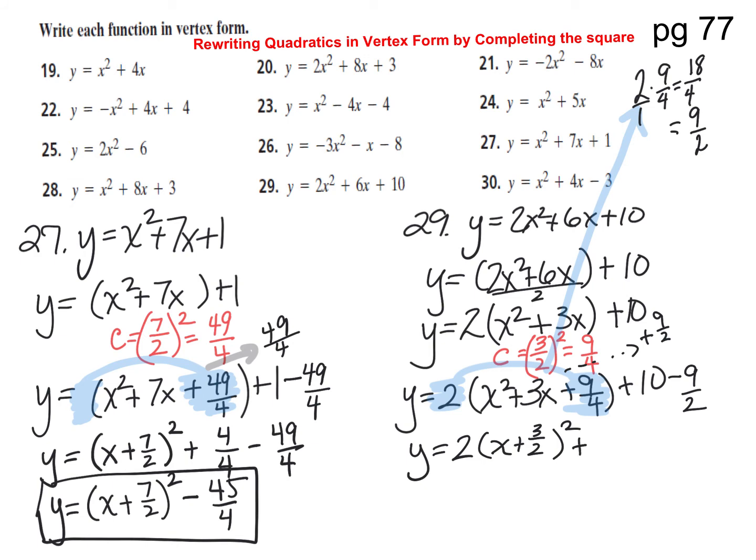I need 10 to have a denominator of 2, so that would be 20 over 2. So y is going to equal 2 times the quantity x plus 3/2 squared plus 11/2.